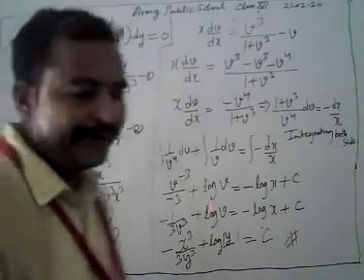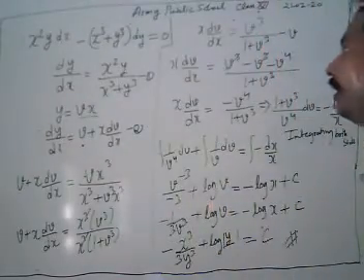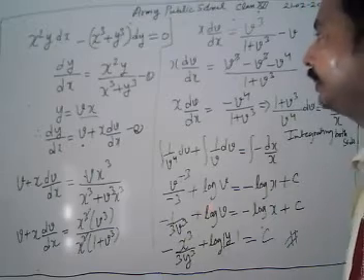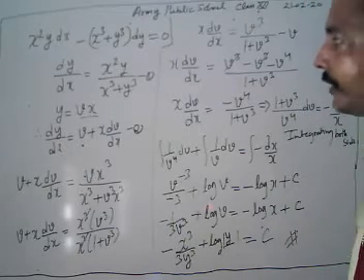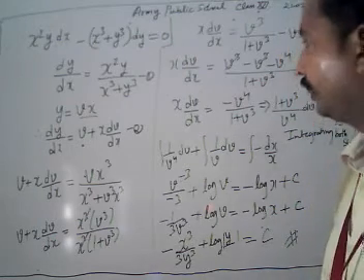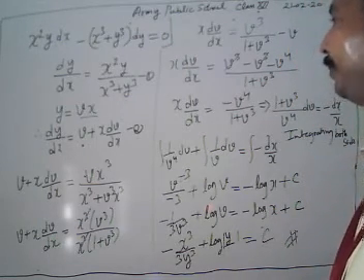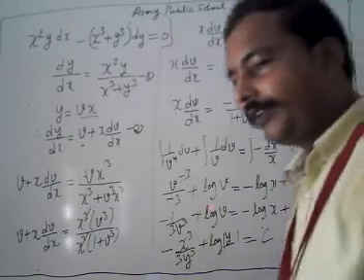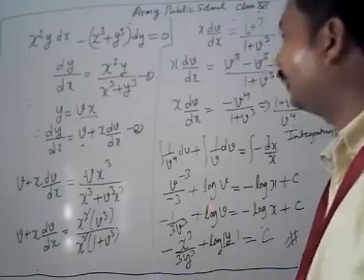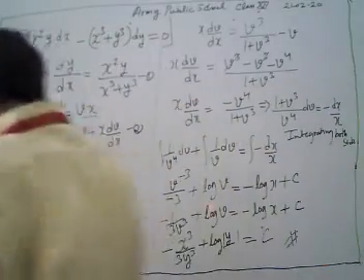I'm again just going to revise. Look what we have. Our equation is x square y dx minus (x cube plus y cube) dy. First of all, we transfer it into the form of dy by dx: dy by dx is equal to x square y upon x cube plus y cube, and we put y equal to vx.